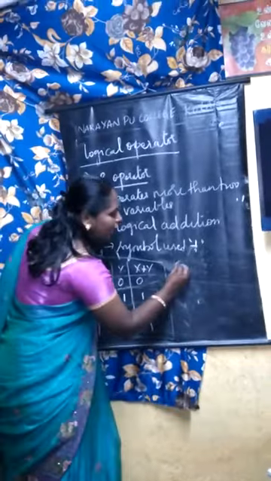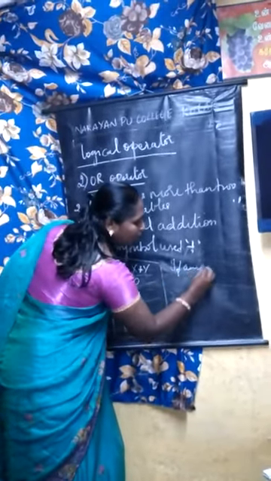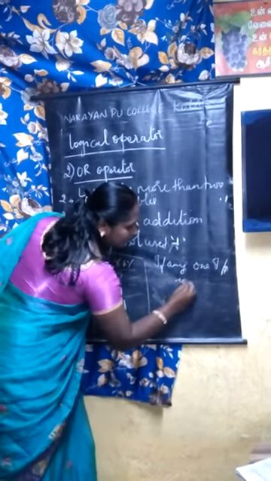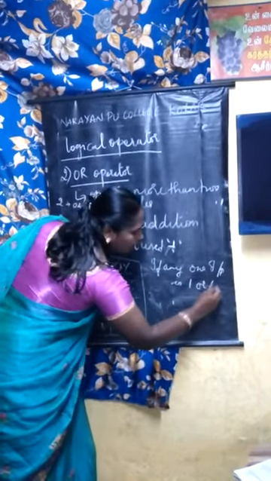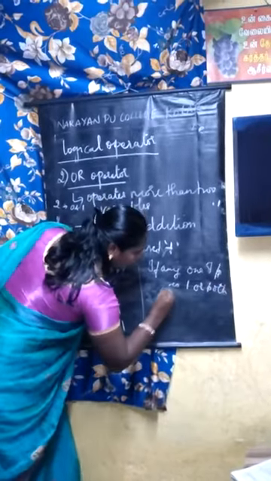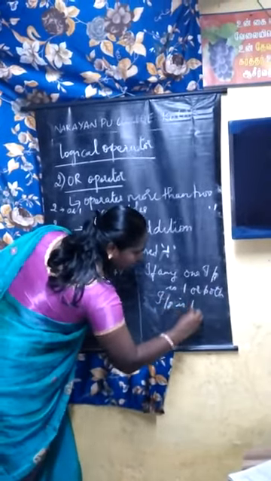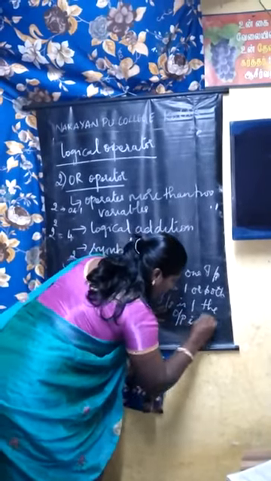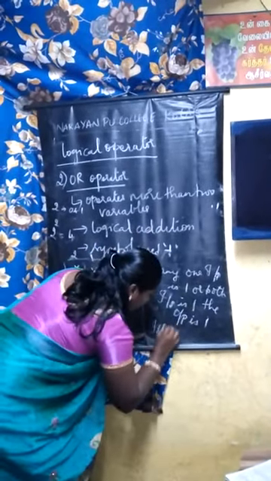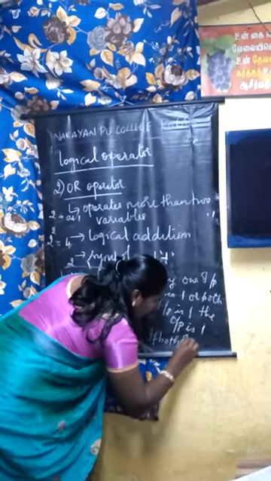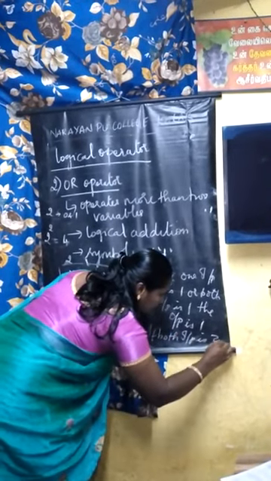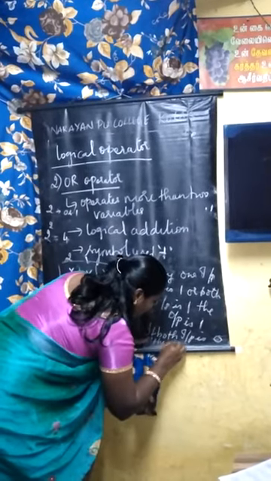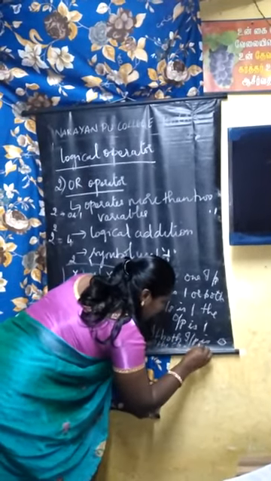What it tells is, if any one input is 1 or both inputs are 1, the output is 1. If both inputs are 0, the output is 0.